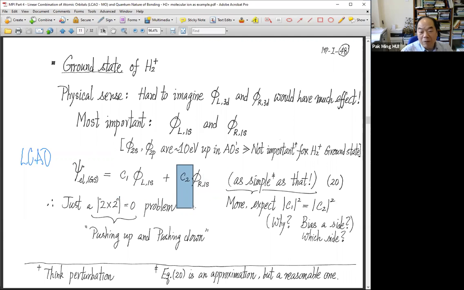But for this problem, it is even easier than that, for the reason that the two atoms are the same. Or else, the potential has some symmetry. For the reason of this symmetry, we know one thing.